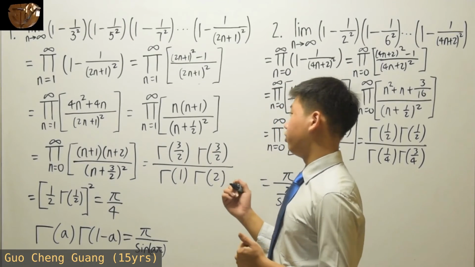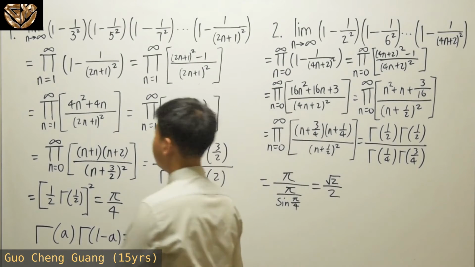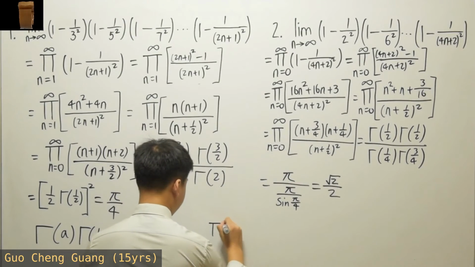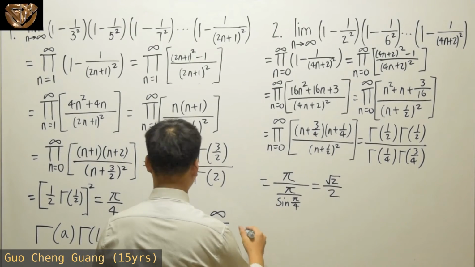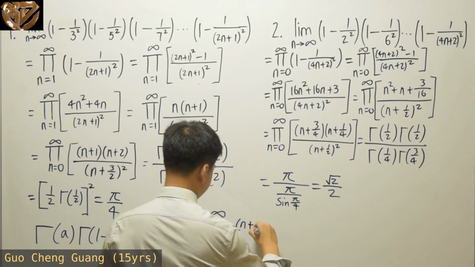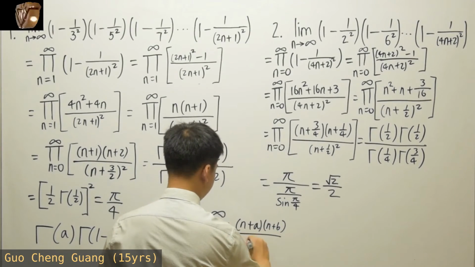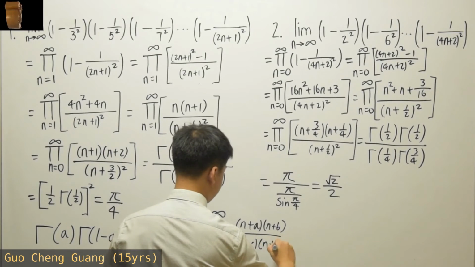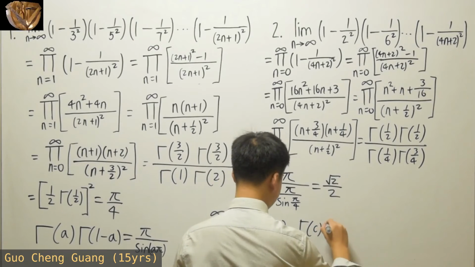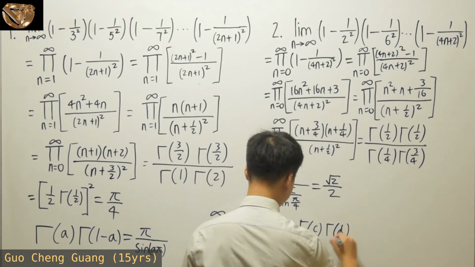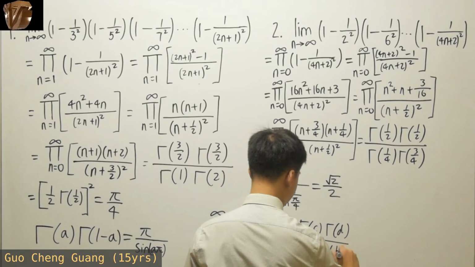If you really want to see what the Wallace product exactly looks like, it would be the pi notation from 0 to infinity of (n plus a)(n plus b) over (n plus c)(n plus d), and this is gamma c times gamma d over gamma a times gamma b.